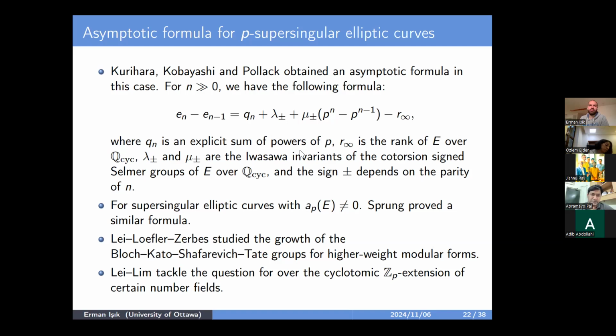Yes. Now Sprung and Lei have an article where they analyzed the Mordell-Weil growth, and they have shown that it is big O of p^n. But I am asking about the growth of the Tate-Shafarevich group over this extension. Do you know? Well, I don't think we have any.